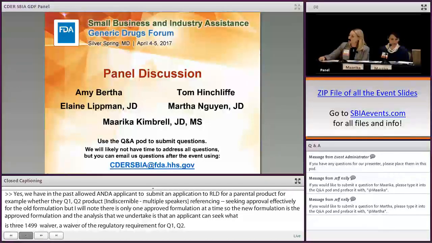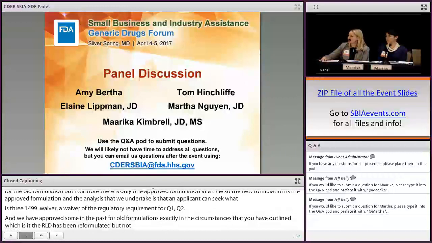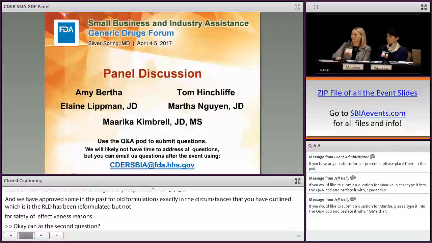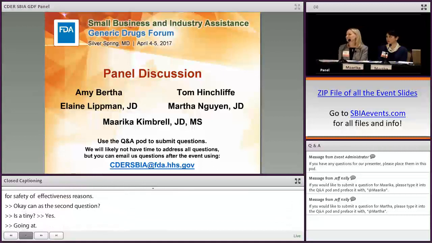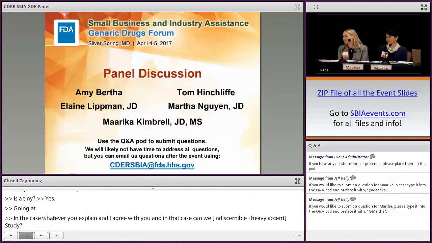Yes, we have in the past allowed an ANDA applicant to submit an application to an RLD for a parenteral product, for example, where there is a Q1, Q2 requirement, seeking the approval effectively for the old formulation. But I'll note that there's only one approved formulation at a time.